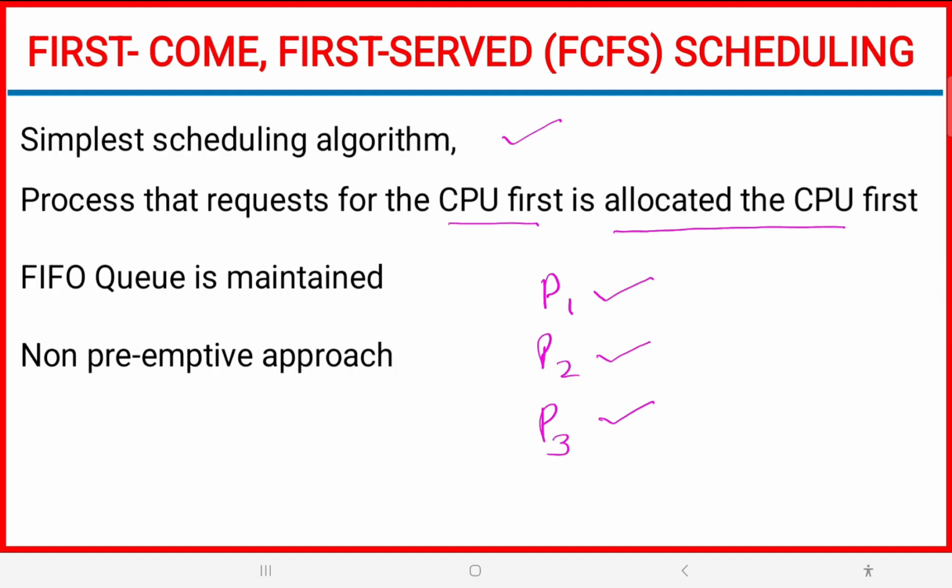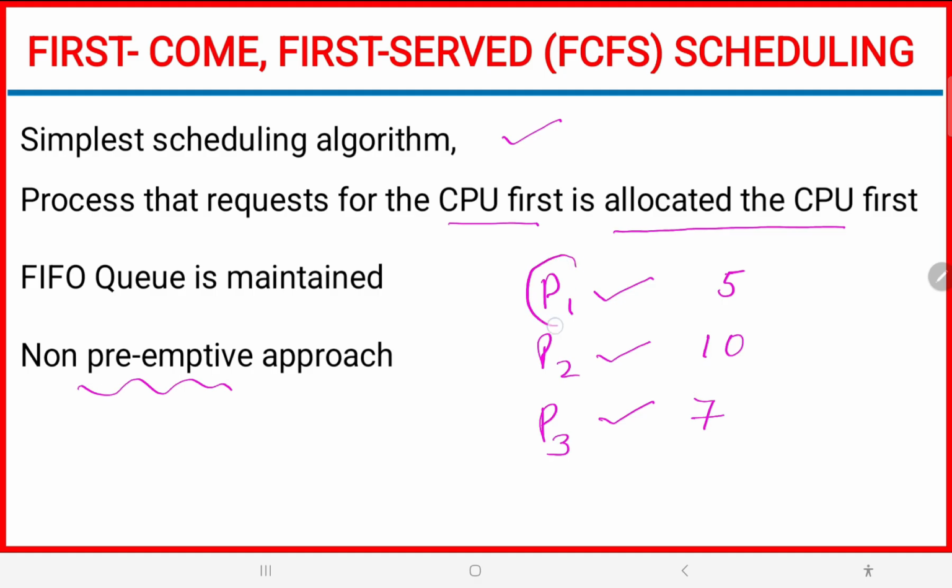One more thing about this algorithm is that it works in a non-preemptive manner, which means that once a process is allocated the CPU, it will continue using the CPU for its entire burst time. Let's suppose the burst time of the first process is 5 milliseconds, for the second process it is 10 milliseconds, and for the third process, let's suppose, 7 milliseconds.